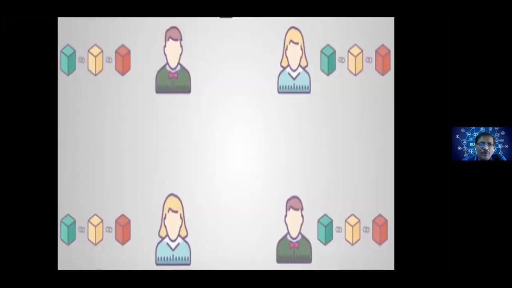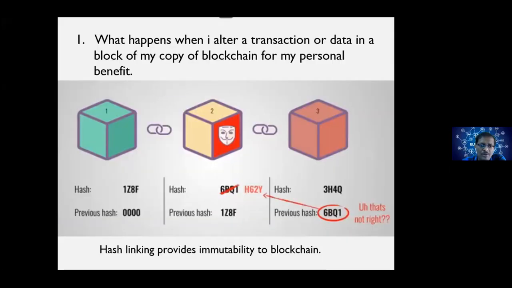Before looking at that, consider a single copy of a blockchain maintained by a single node. What happens when I change a transaction in a block? As we know, a single block may have thousands of transactions. If I change one transaction, the hash of this block changes.